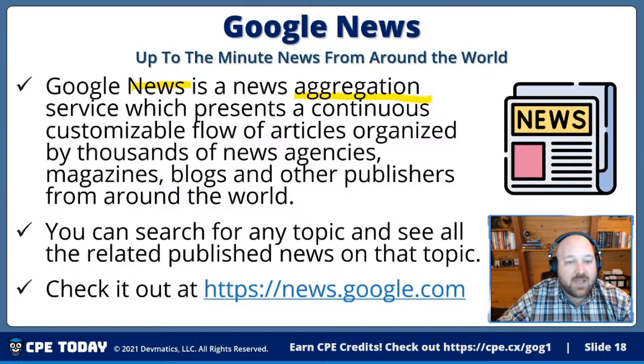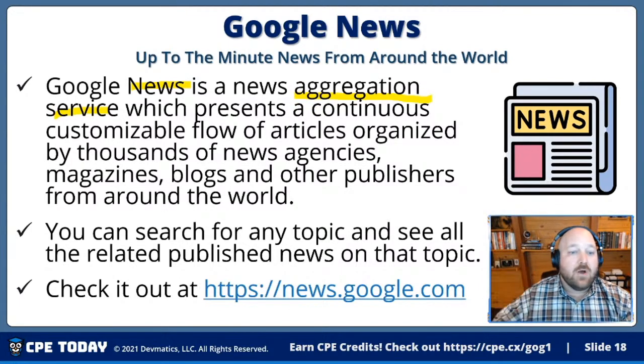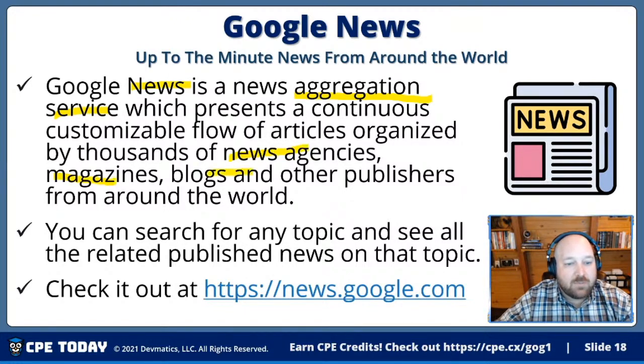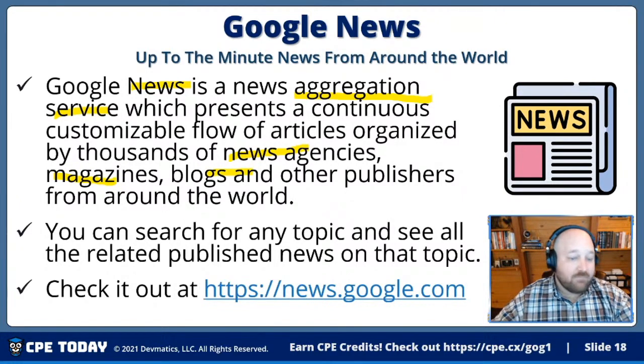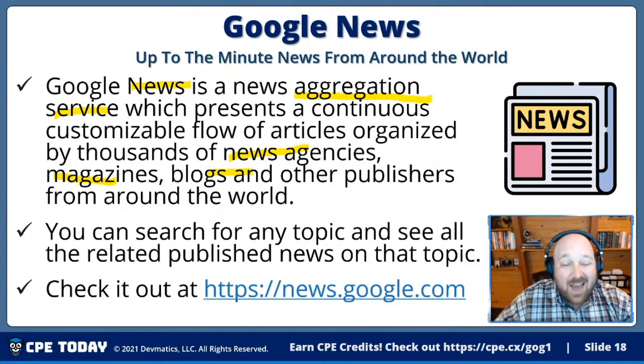Google News is essentially an aggregation service which presents a continuous flow of articles organized by lots of different people. There are news agencies, magazines, blogs, lots of different publishers for whatever we're looking for. And we can find pretty much any topic from pretty much any publication around the world.